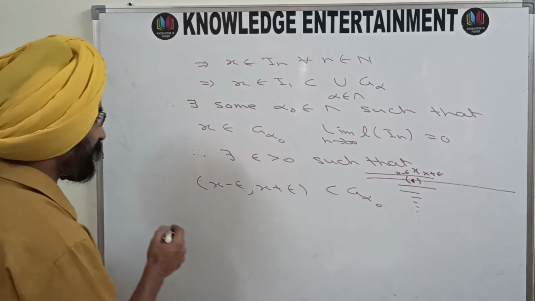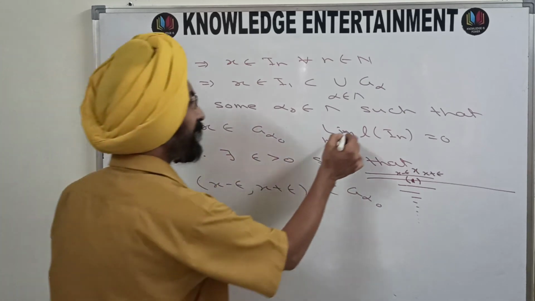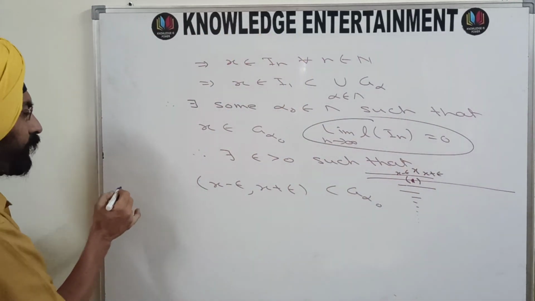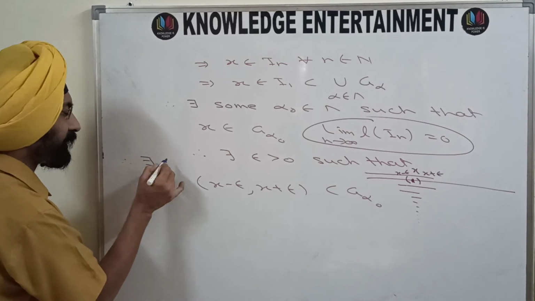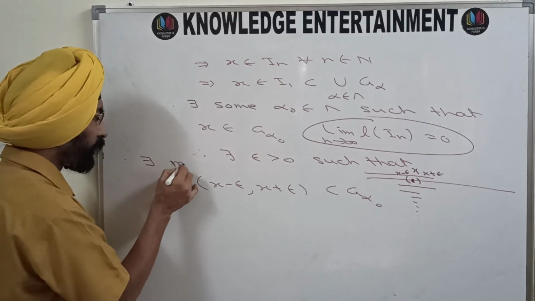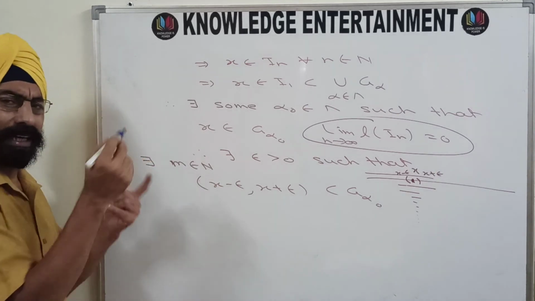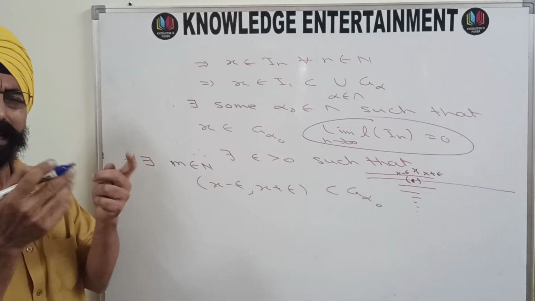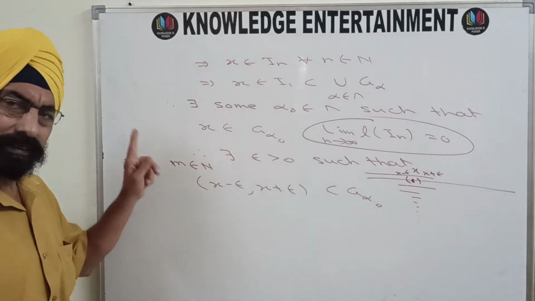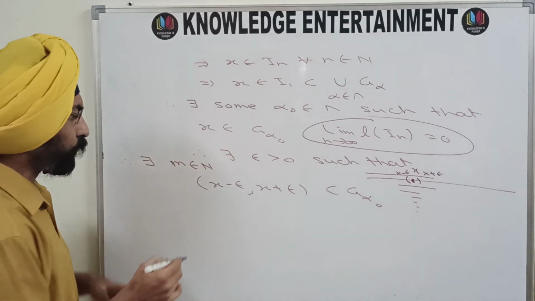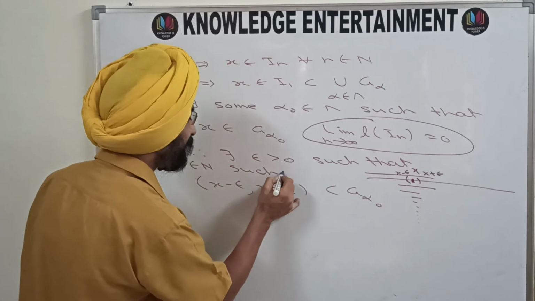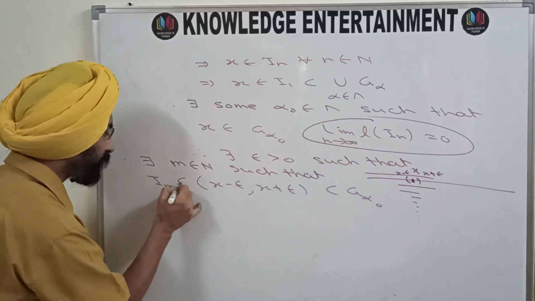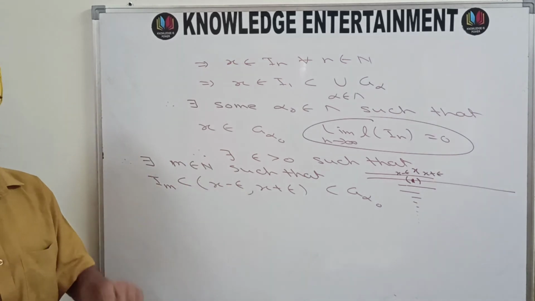Since the limit of the length of In as n approaches infinity is 0, there exists m belonging to N, maybe m very large, maybe 1 lakh, 10 lakh, 1 crore, maybe any large number, but definitely there will be m such that the interval at the mth stage is a subset of this.